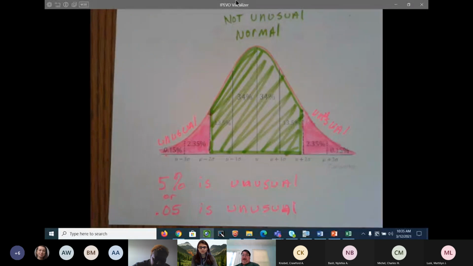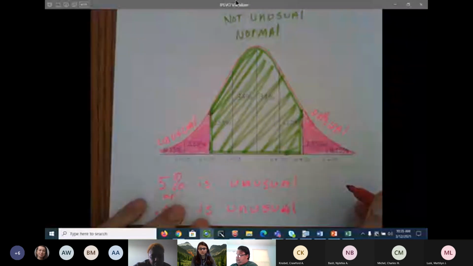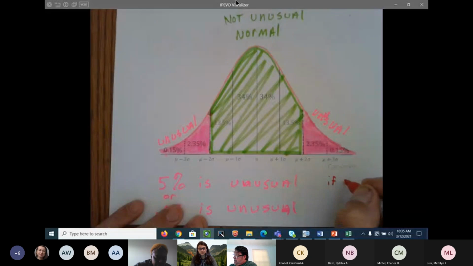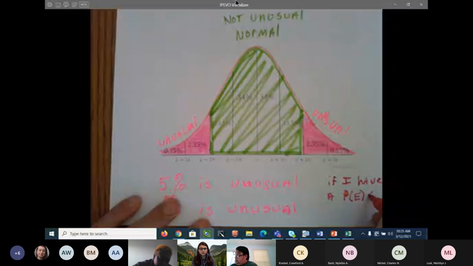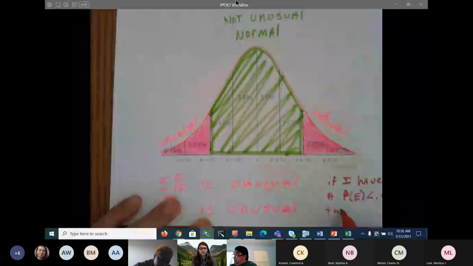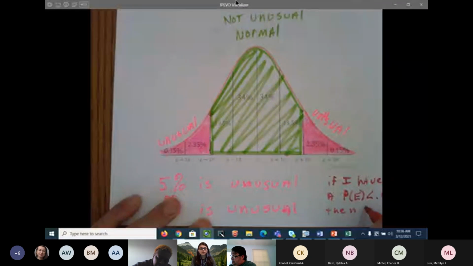So, if I have a number, and I'm going to write this in red, that means you need to highlight it. If I have a probability of an event happening, and that probability is less than 0.05, then that event is what?